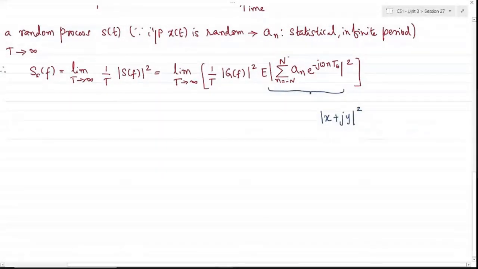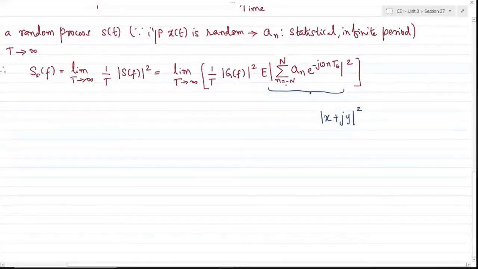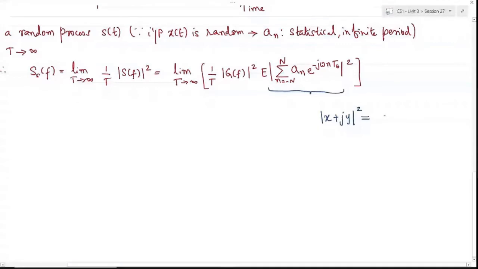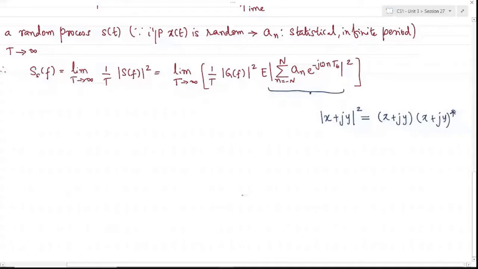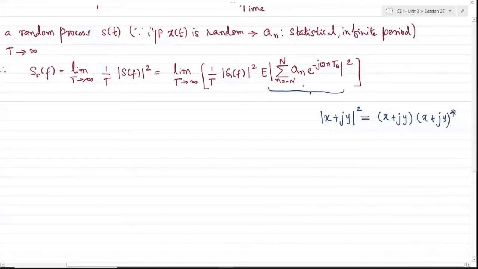From the basics of complex numbers, this can be taken as a product of two complex conjugate numbers.